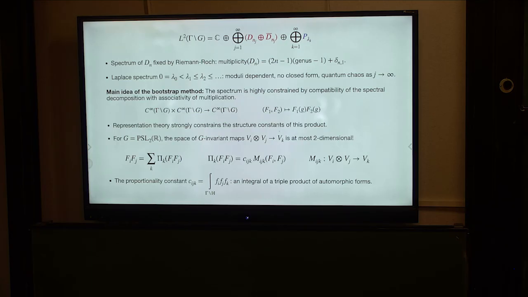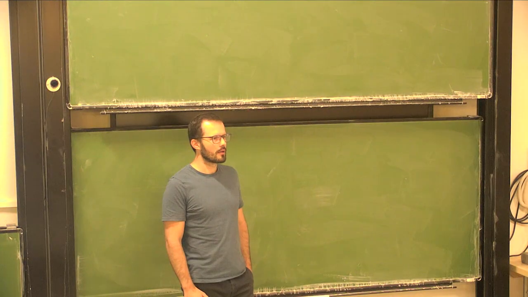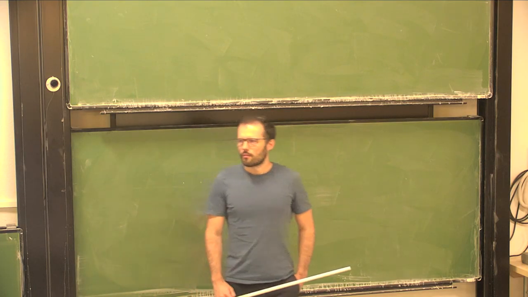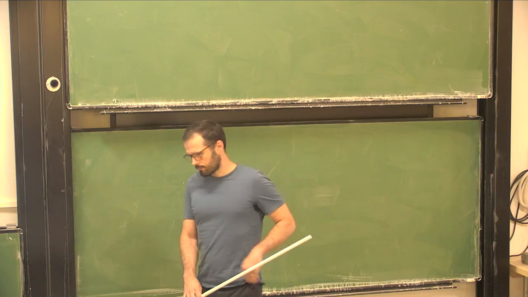If you take the product of two irreducible representations, A and B, and the product of C and D, then these two products are isomorphic, independent of A and B. So somehow this space of maps doesn't depend on them.